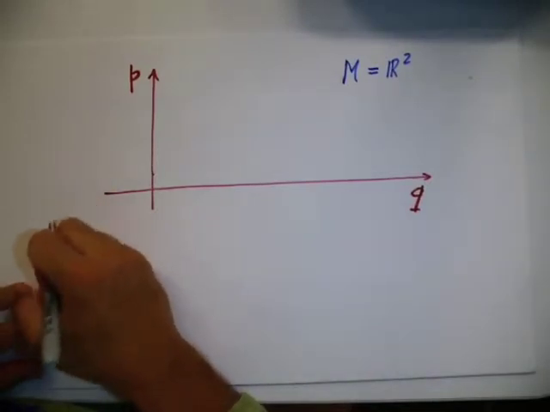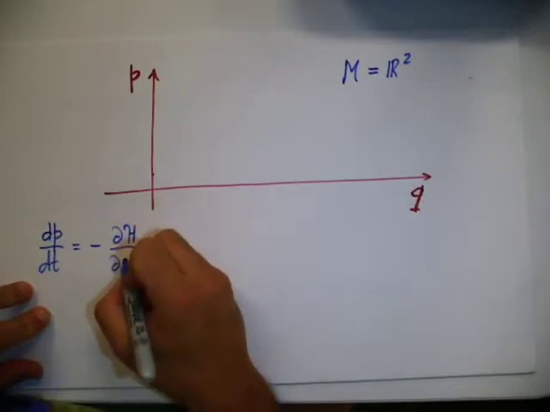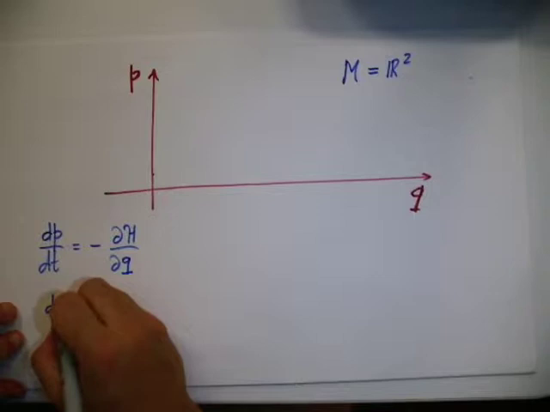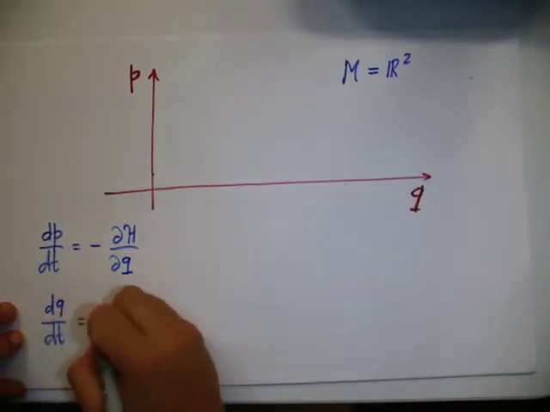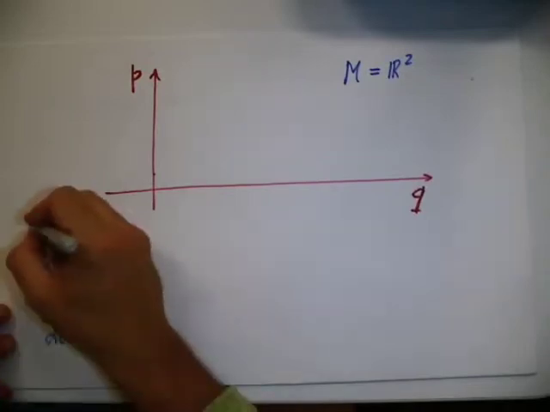And the Hamiltonian equation defines a flow: dp/dt equals minus dH with respect to Q, and then dq/dt equals plus dH dP.